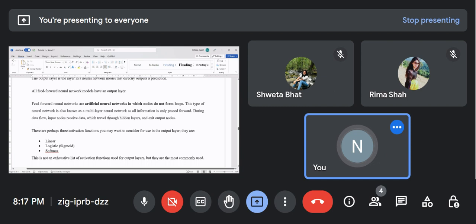That means if you have created an input layer, hidden layer 1, hidden layer 2, hidden layer 3, hidden layer 4, hidden layer 5, and an output layer, then whatever I transform from the input layer goes to hidden layer 1, hidden layer 1 gives the output to hidden layer 2, and so on, until hidden layer 5 gives the output to the output layer. That's it. There is no loop back. There is no chance that I backtrack from hidden layer 2 to hidden layer 1.